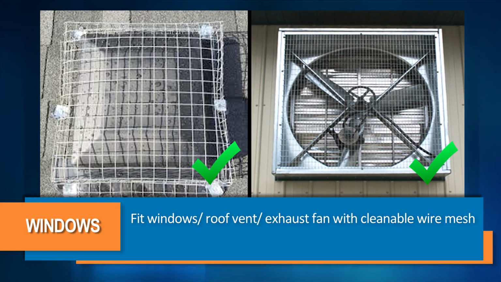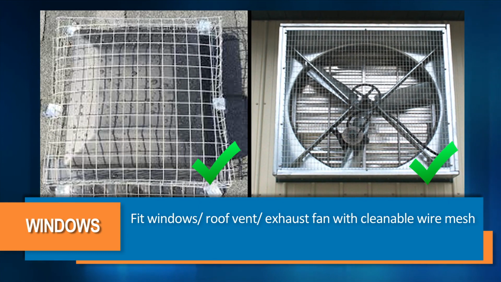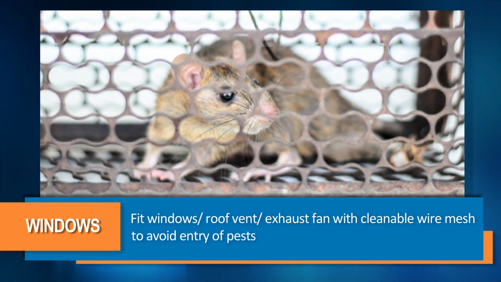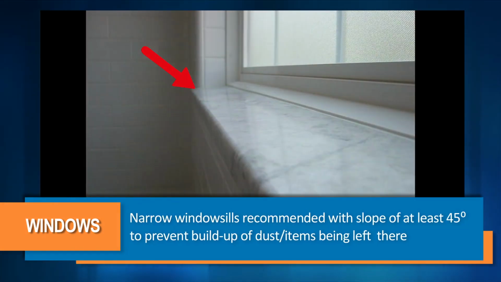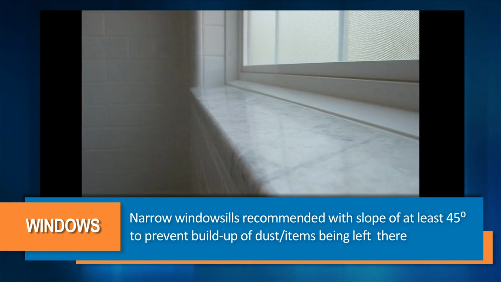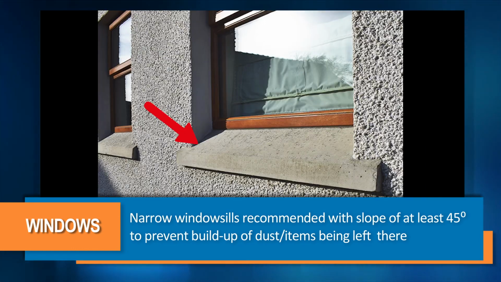Windows, roof vents or exhaust fans shall be fitted with cleanable wire mesh to avoid entry of pests when opening to external environment. Narrow windsills are recommended with a slope of at least 45 degrees to prevent buildup of dust as well as items being left there.